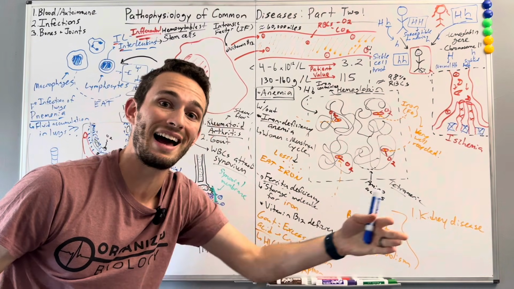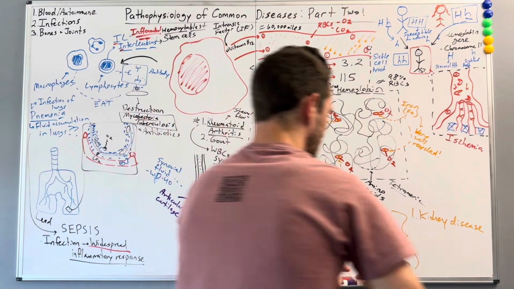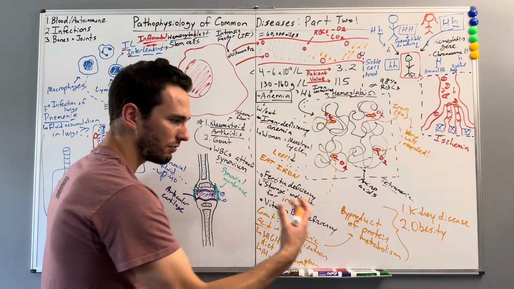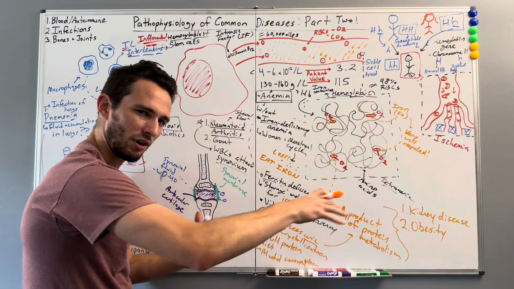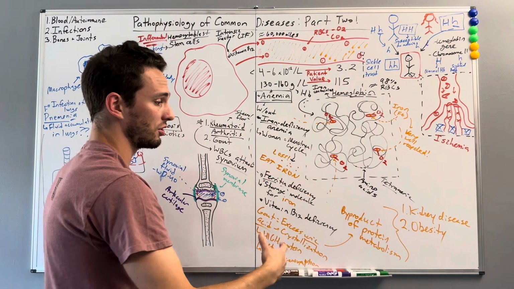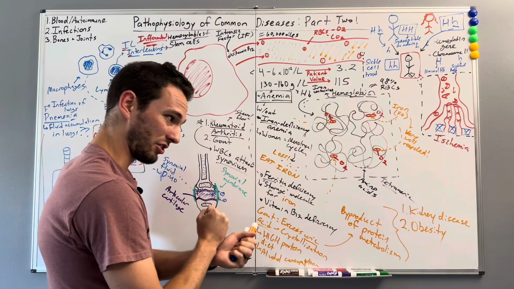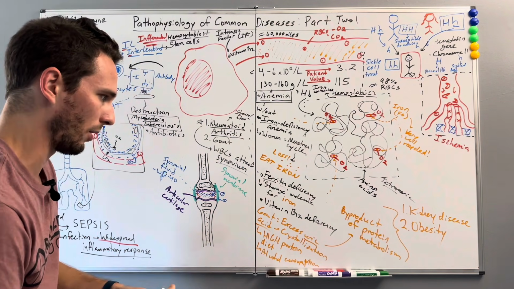So now it's going to back up and stay in your body. The second thing is going to be obesity. The reason for that is likely because it puts a little more pressure on the kidneys because you have more blood when you are obese. And when we talk about the joint aspect of it, you're putting a lot of pressure on those joints, so you feel it a lot more.